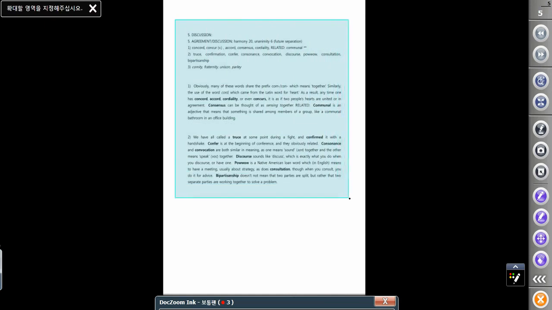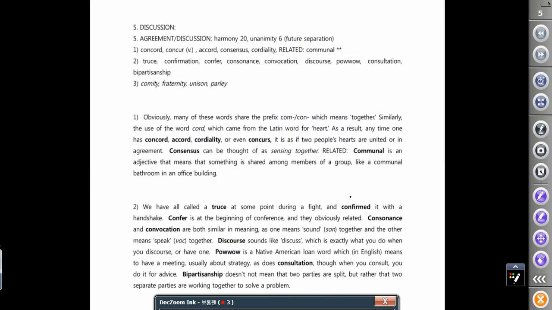Let's zoom in a little bit there. Okay, discussion. We have two common words in harmony and unanimity, which harmony means peace or evenness, and unanimity is coming together.